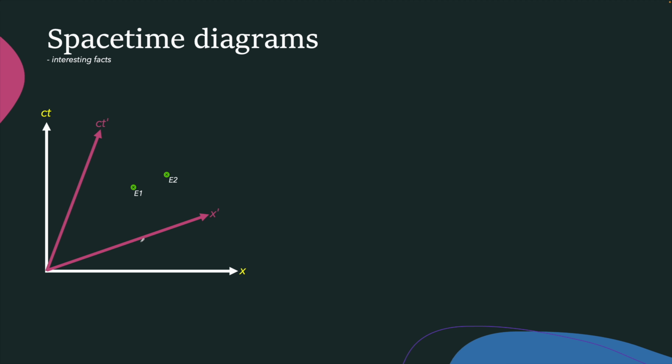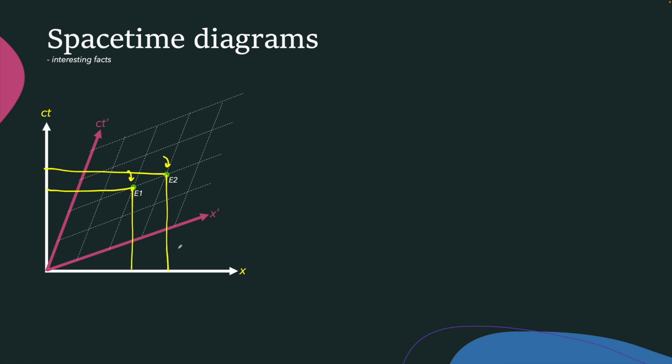Next, there are some interesting facts. Let's take an example. There is an event E1 and an event E2. You understand that event E1 happened at this time and event E2 happened at this time. So they're not happening at the same time. Obviously, they also have not happened at the same place, but they happen at the same time with respect to the S prime axis.